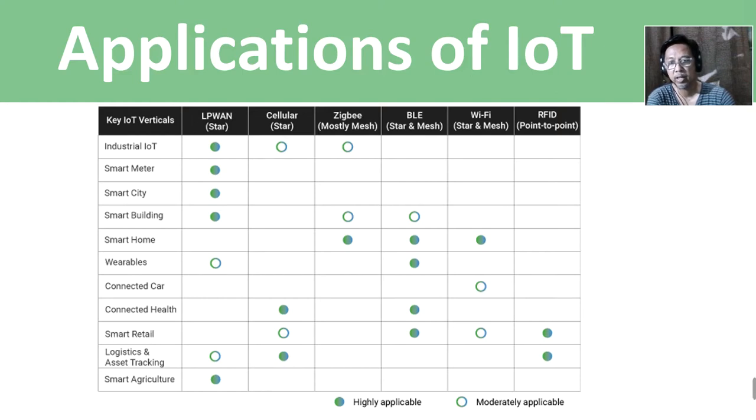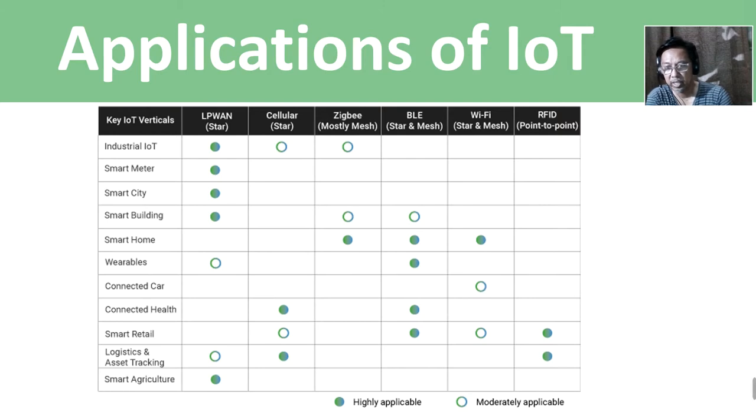Wearables can be LPWAN, but most likely it's a star or a mesh. Connected car, it could be Wi-Fi, but this is still under experimentation, and that particular technology is not yet a mature one. Then you have connected health, so it could be cellular or it could be BLE.